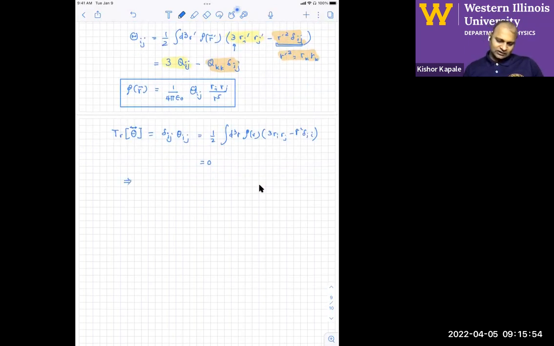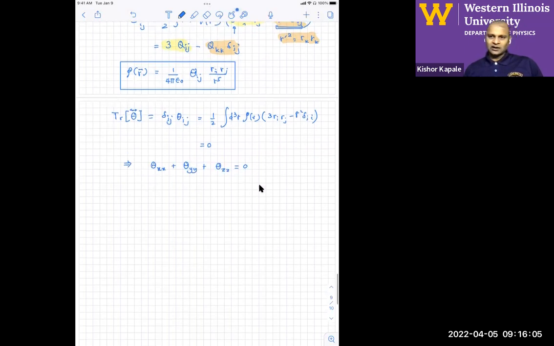And so what that basically gives us is an extra condition that Θxx plus Θyy plus Θzz is equal to 0. So we have now shown that the quadrupole tensor, instead of 9 independent components, only needs 6.